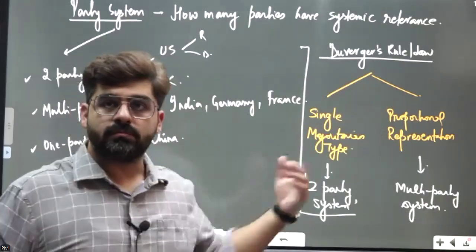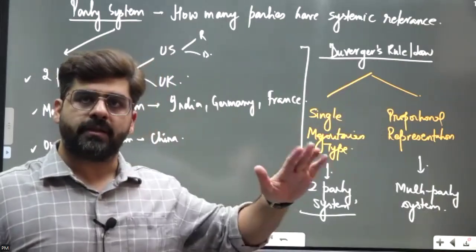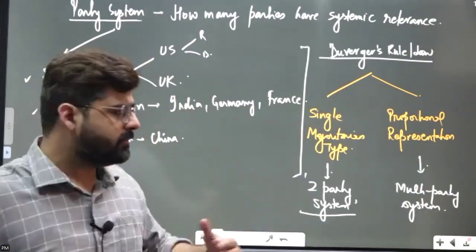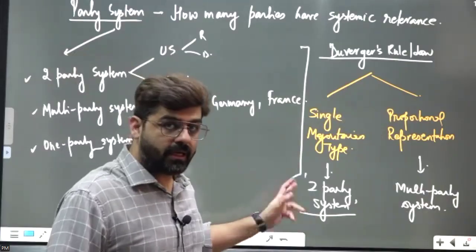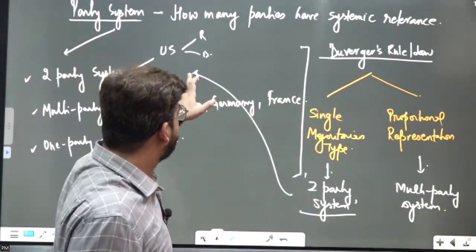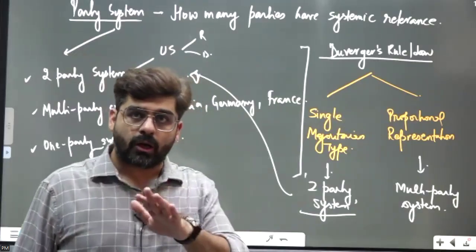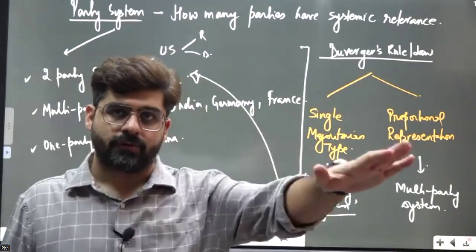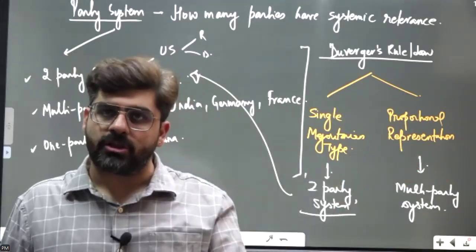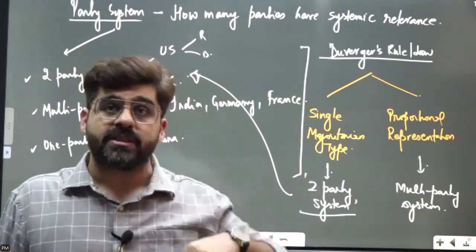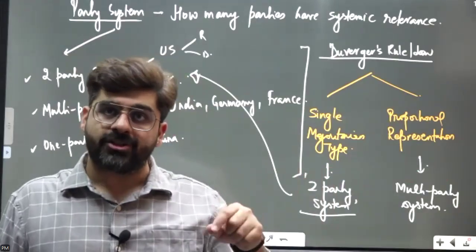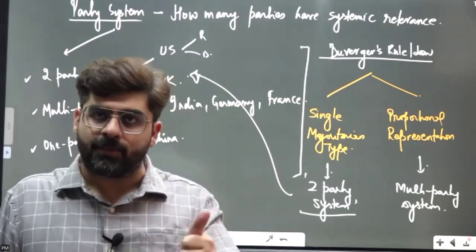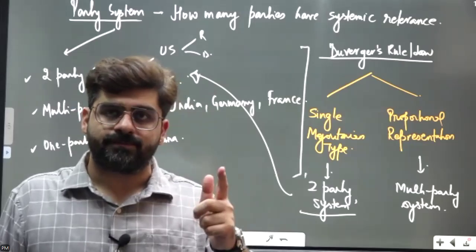That's how Duverger says you will look at the world and you will find whoever has adopted the single majoritarian type or the FPTP system, a two-party system has come. And he will give the example of the US and UK. How are the elections to the lower houses of the US and UK conducted? Lower house of the US, US Congress. Lower house of the UK, House of Commons. How is the election conducted? FPTP. How is the election conducted in India? Lok Sabha elections, again FPTP. He says wherever this method is deployed, you will have a two-party system.